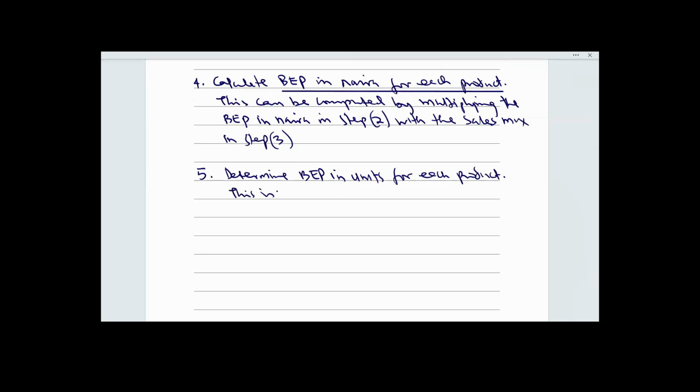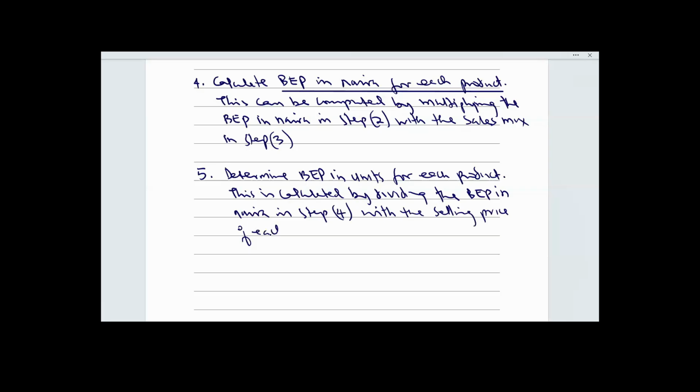This is calculated by dividing the break-even points in Naira in step 4 by the selling price of each product.